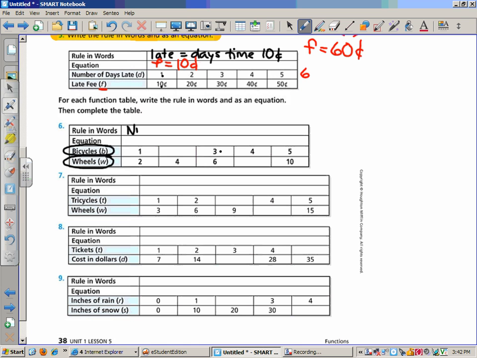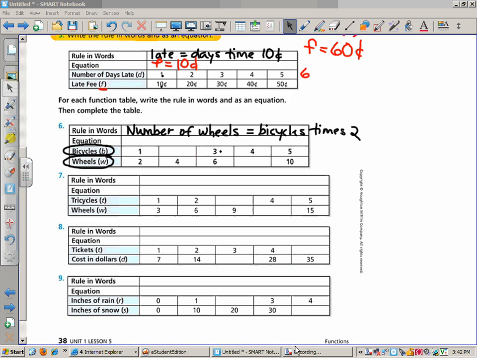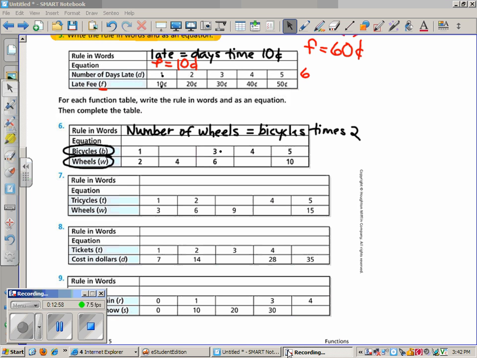Okay, so we can figure out how many wheels, number of wheels equals bicycles times 2.